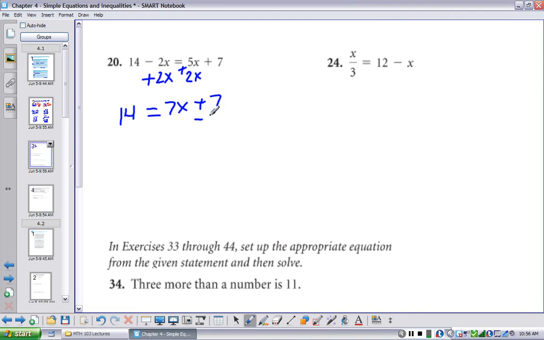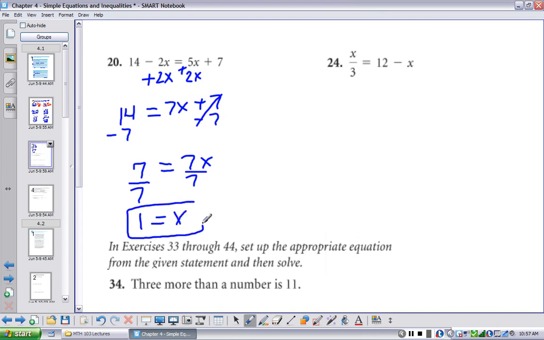I need to get that 7x over there by itself, so let me subtract 7. 14 minus 7 is 7. On the right-hand side, the 7 and the negative 7 cancel out, so we have 7x. And then I can divide by 7. X equals 1.